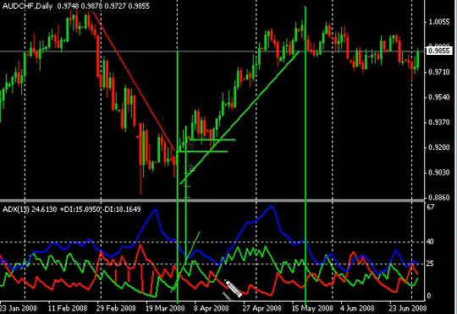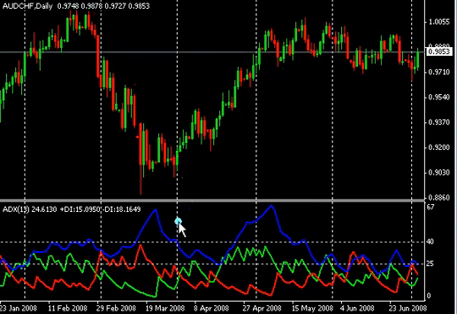Other traders will wait until we actually get a change in trend. The actual DMI, or the ADX line, the blue line, is the measure of the trend strength, so you can use that as a buffer.